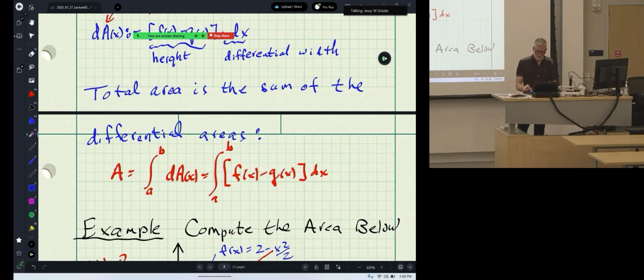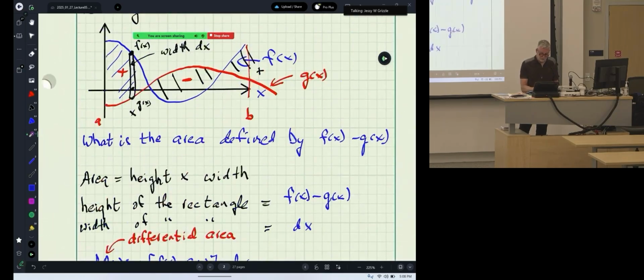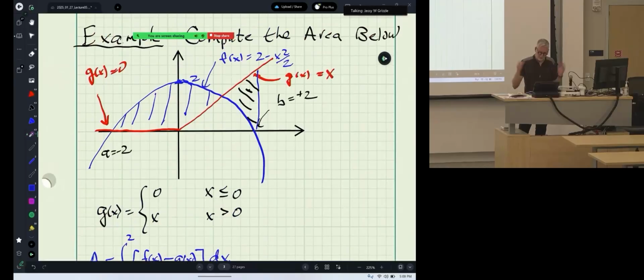Now we're going to do the same thing with robot links, and we're going to be computing differential mass, and then adding up all the mass. We're going to be computing differential moments of inertia about the z-axis for rotation in the plane, and then adding up all of those inertias, and it's the same process. And I admit, this is not the most challenging integral that engineers will face.